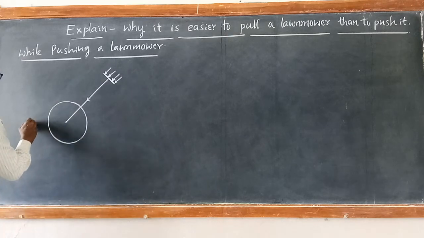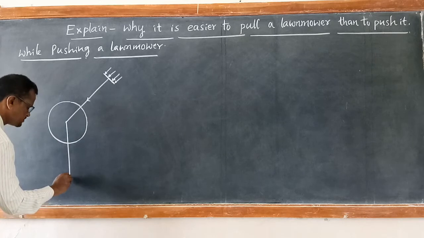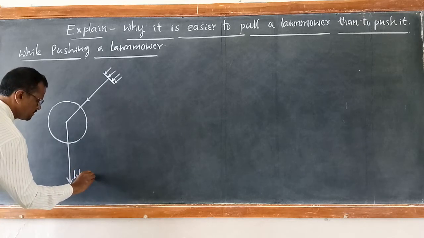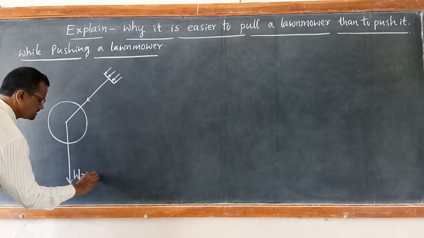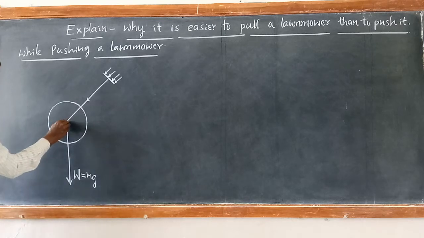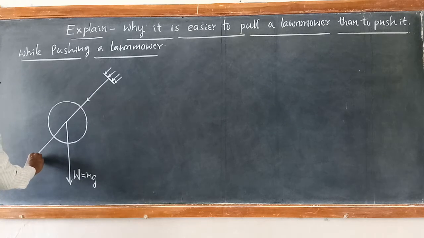So as a result, what happens? If you draw the direction of weight, this becomes the direction of weight mg of the lawn mower roller, and if you extend, this is the direction of push, the applied force.